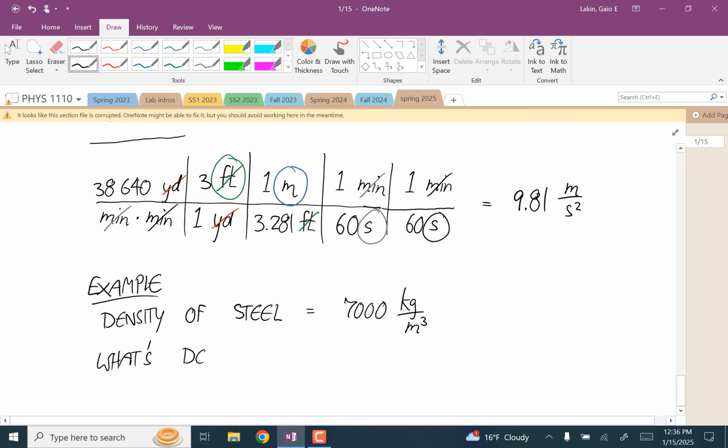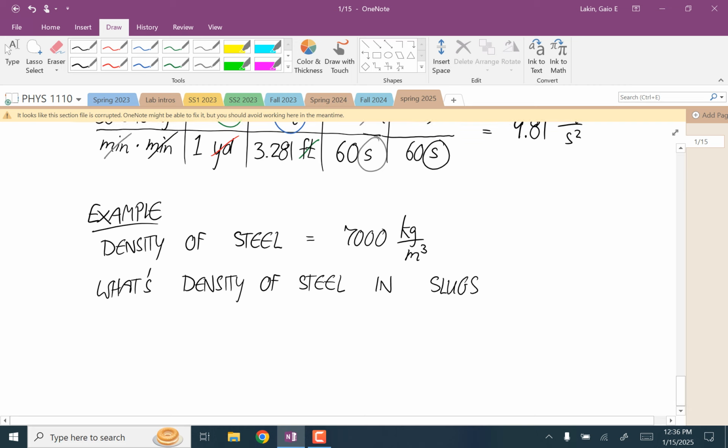What's the density of steel in slugs per, what do I have here?